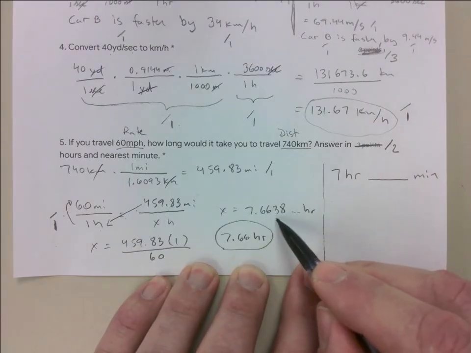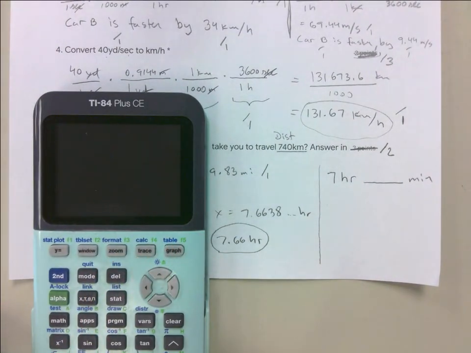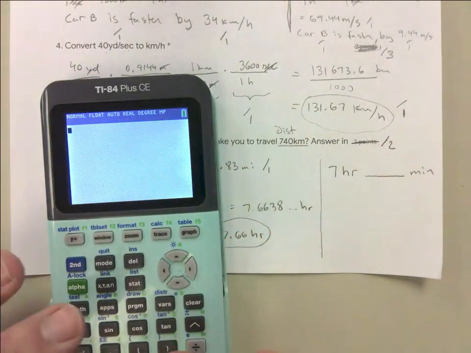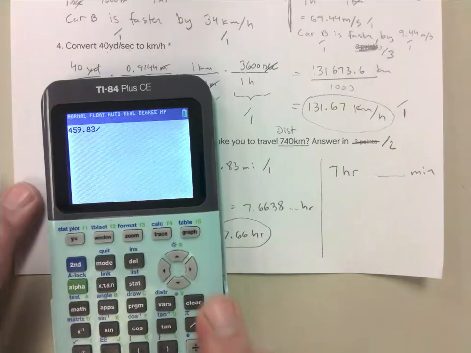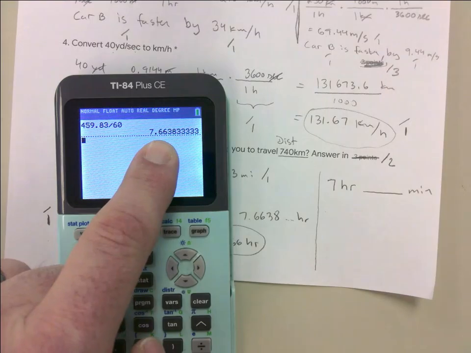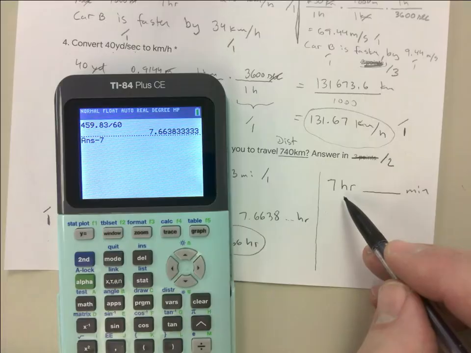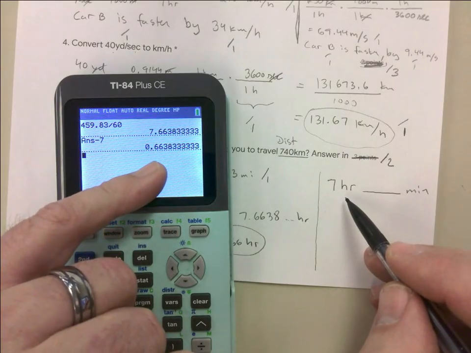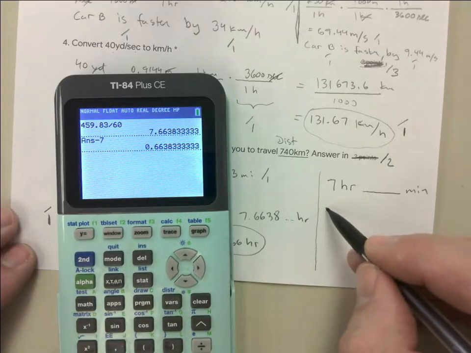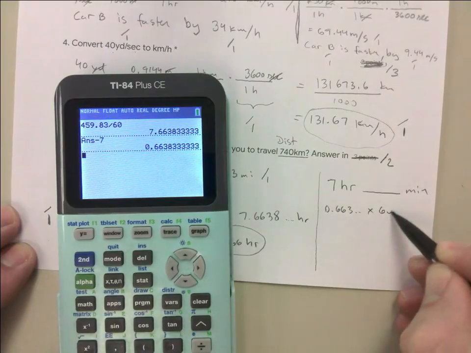So I will actually use this part right here. I'll show you how to do this properly. You go 459.83 divided by 60, right? You get that on your screen. So 7 hours goes down. I'm going to go -7, take away 7. So there you have your decimal of an hour, right? And I just multiply that by 60.